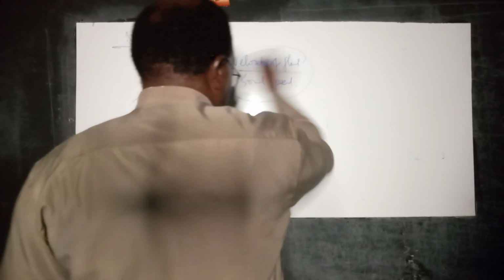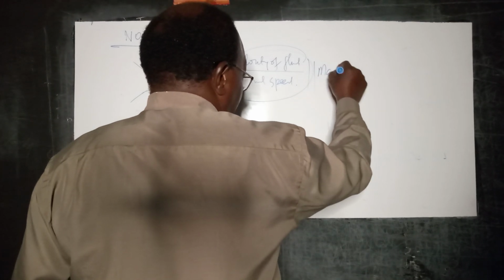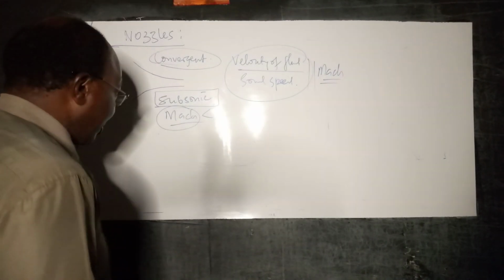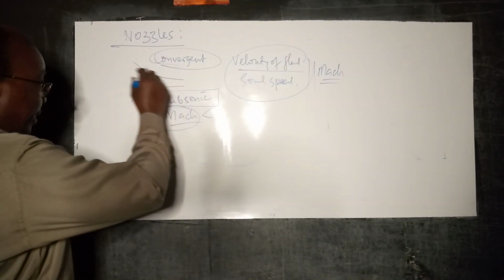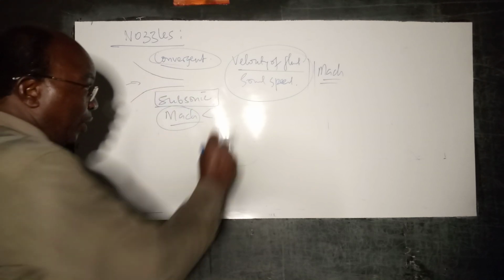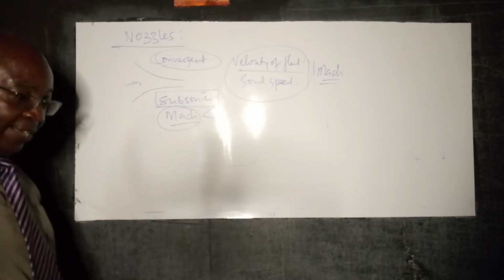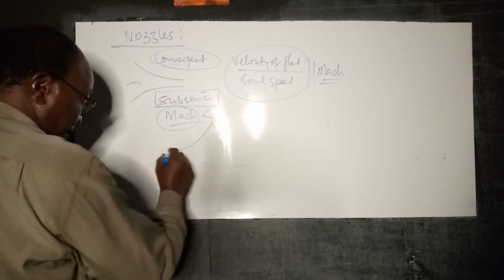Mach represents that ratio. And so for subsonic flows, which is the case where we are having this convergent nozzle, it will be less than 1. Then there could be a divergent flow.